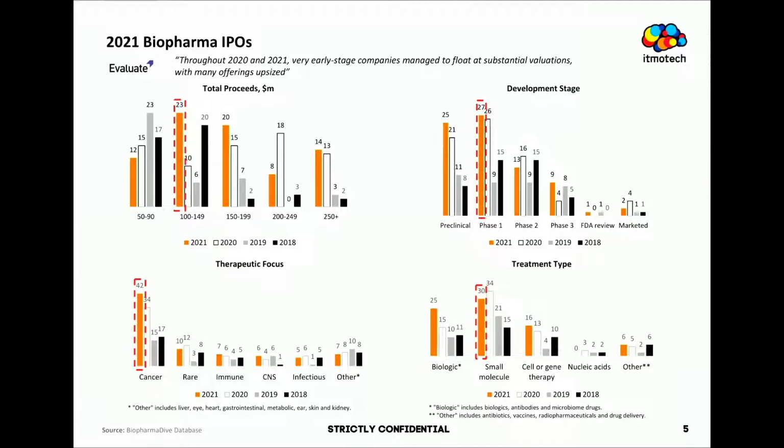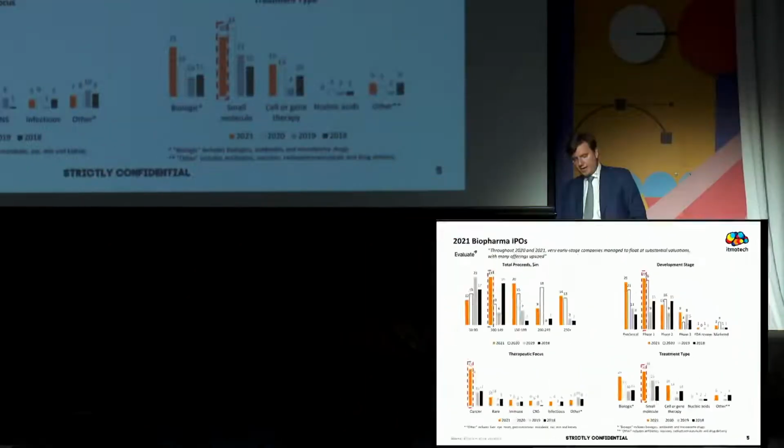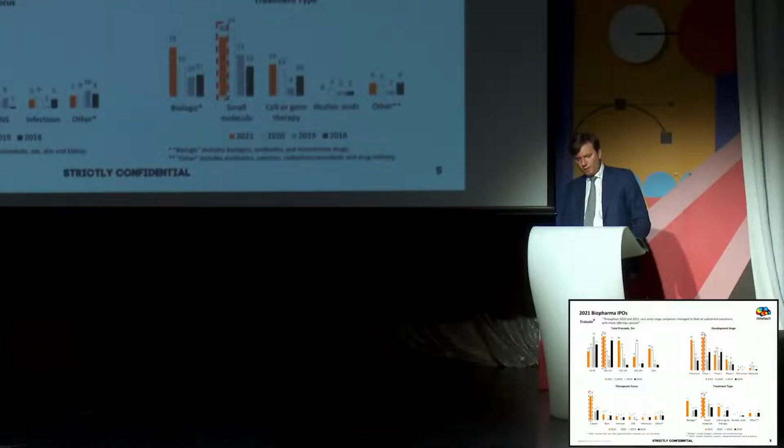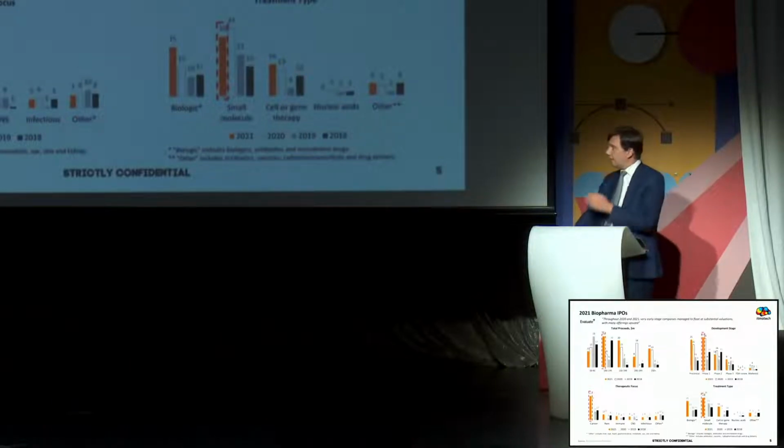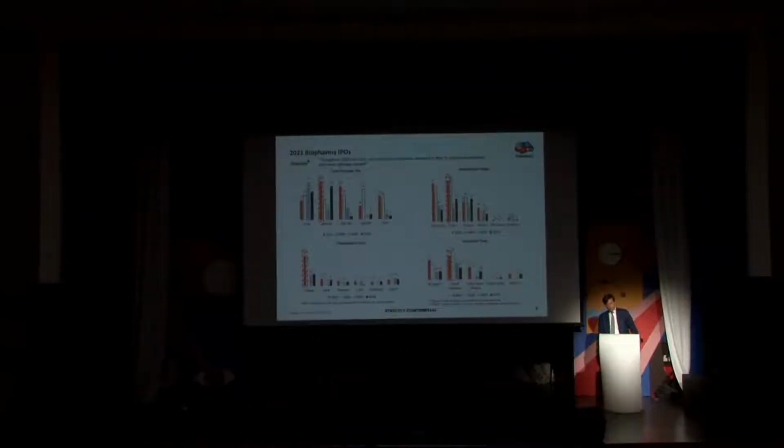They may not continue in the future, but if you look at 2020 and 2021, you would see that in the top left chart, a lot of companies raised over 100 million publicly in the markets, and the number of such companies grows.